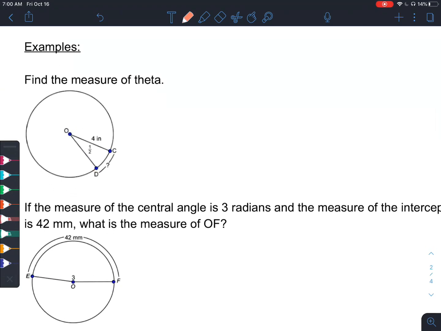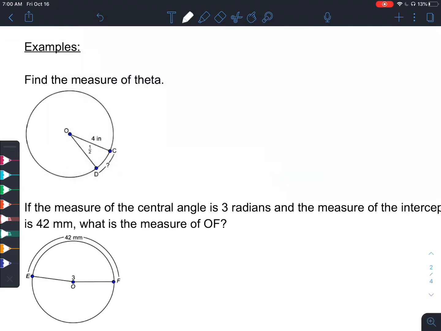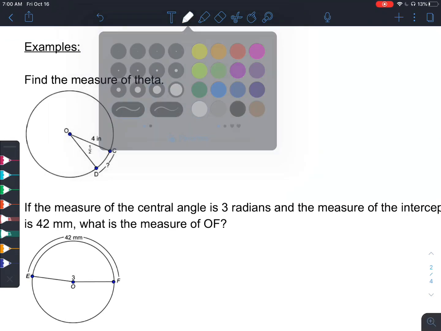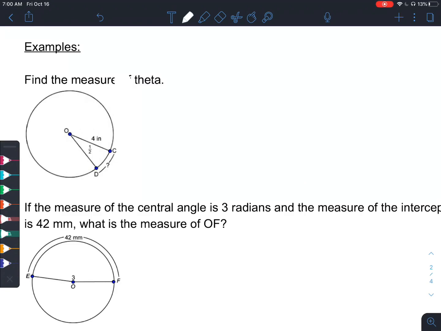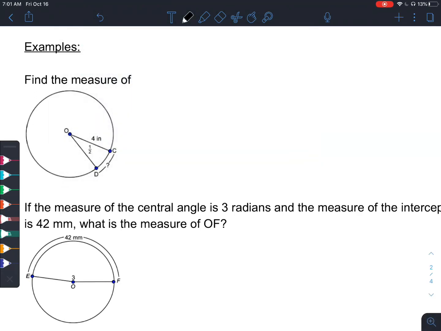So this one says find the measure of theta. Let's actually find the measure of arc CD since it's what's asked for. And the way we do that is a little CD and then a curve over top.